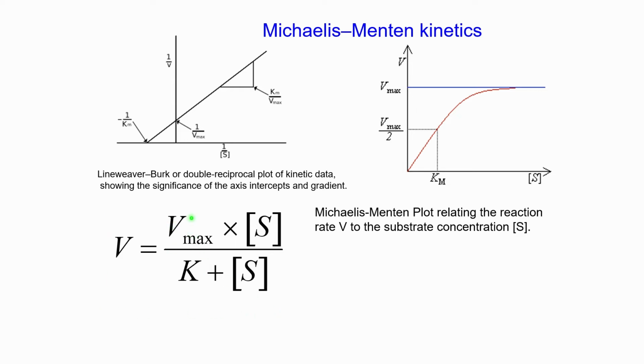You have some parameter here, then concentration of substrate, then constant and concentration of substrate. Exactly the same as you had on the slide before. A little surprise, many of drug-related processes are enzyme processes.